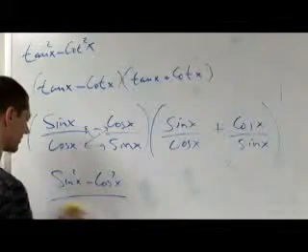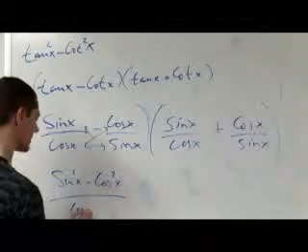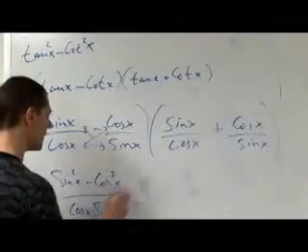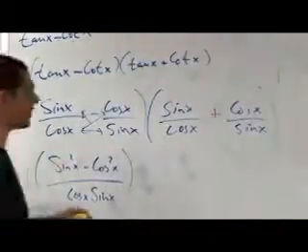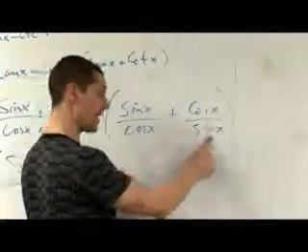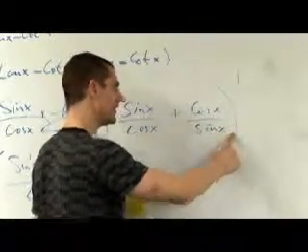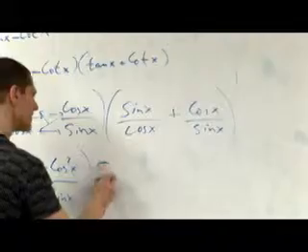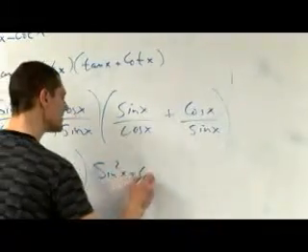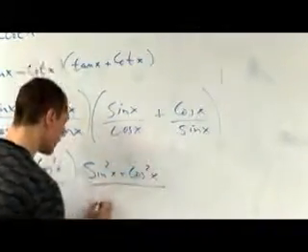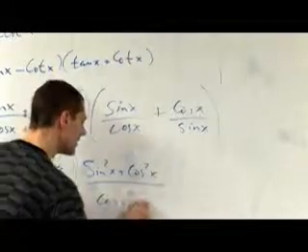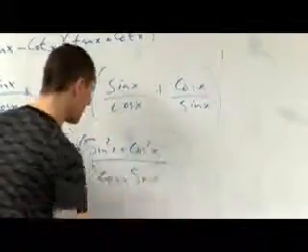I guess I'll write it as that. I was going to write it as sine x, cosine x, it doesn't matter. So that's just this bit. Similarly, I want cosine and sine on the bottom, so this one has to be cosine, cosine, this one's sine, sine, so this is sine squared x plus cosine squared x over cosine x sine x.